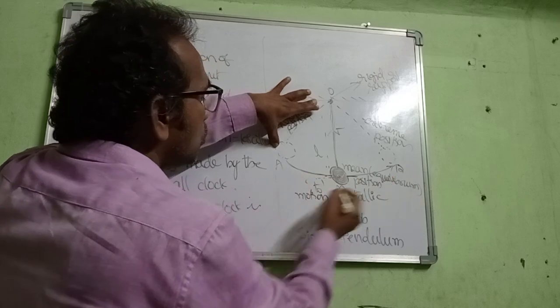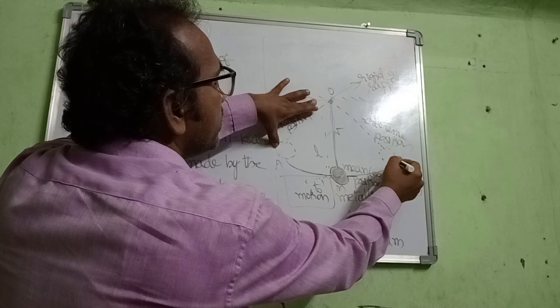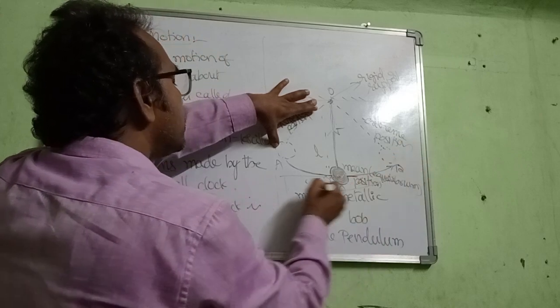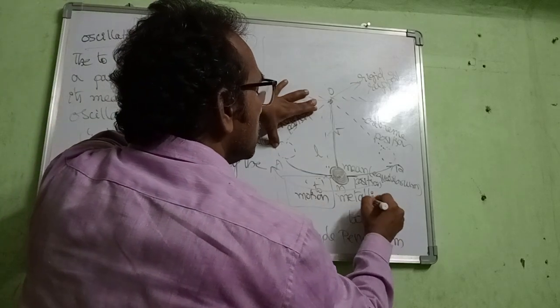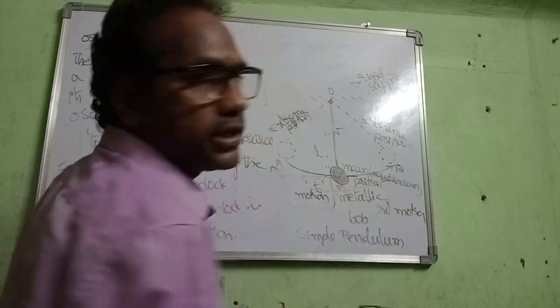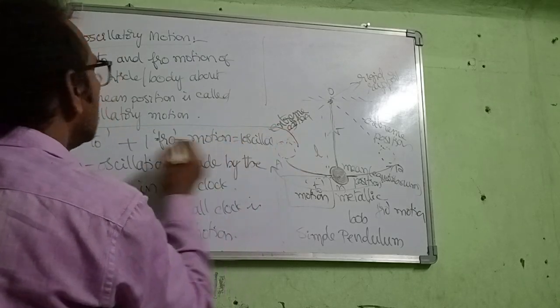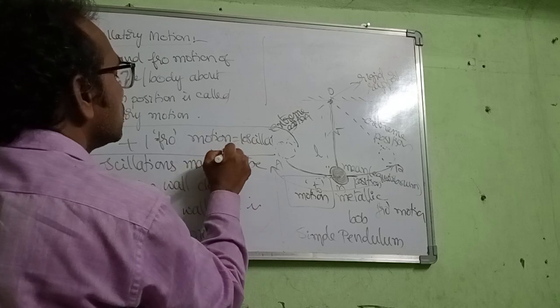That motion is called to motion. Then it comes back to its position A, OA. That is called fro motion. So one to motion plus one fro motion is called one oscillation.